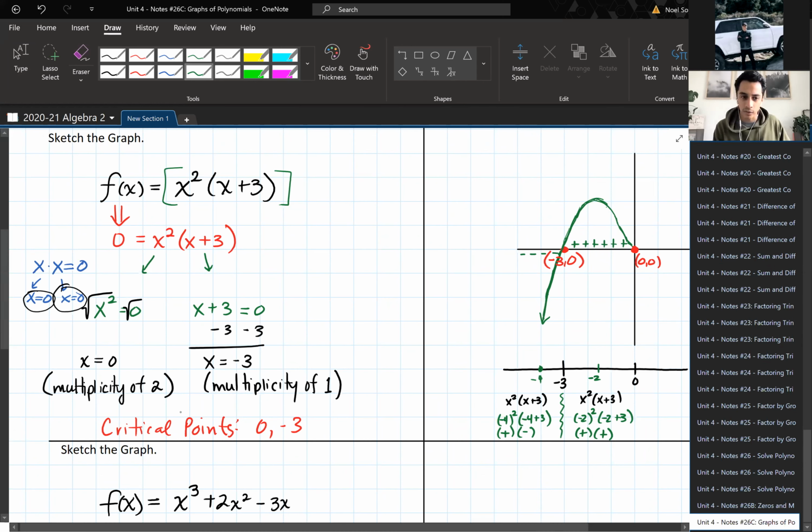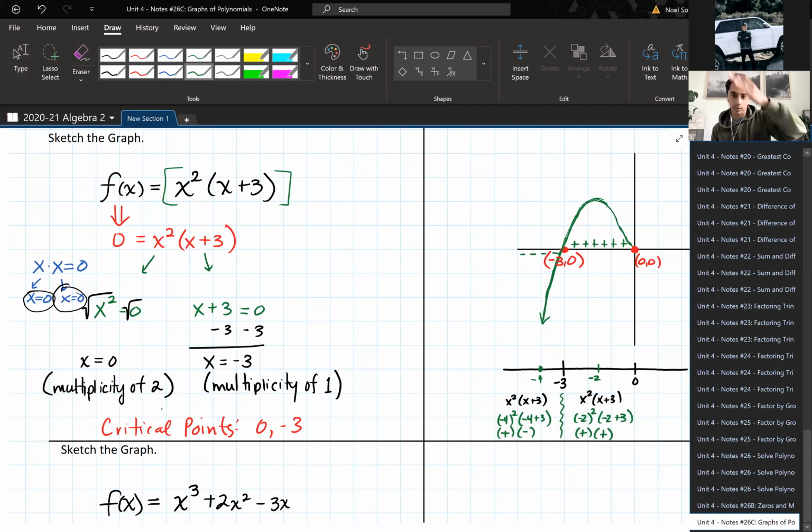My multiplicity is 2, correct? And the multiplicity of 2 means even multiplicity. So even multiplicity, will it cross the x-axis or will it just touch and then bounce back? It should bounce back, right? That's what we know about even multiplicities.